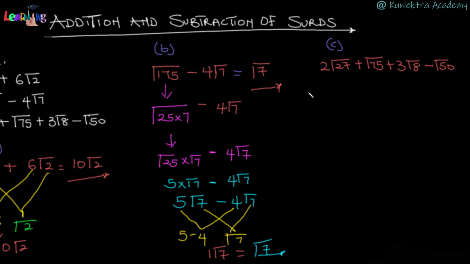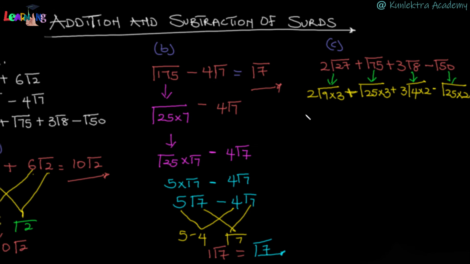You have 2 root 27, which is 9 times 3, plus root 75. What will root 75 give us? 25 times 3. Plus 3 root 8 gives us 4 times 2, minus root 50 gives us 25 times 2. From this value, this equals this, and this gives this.